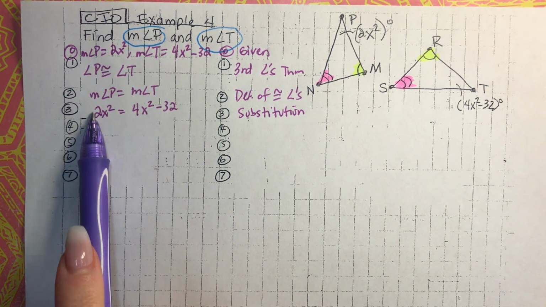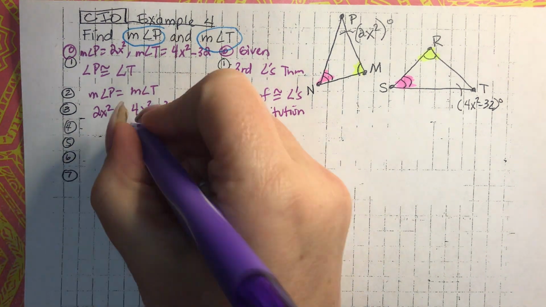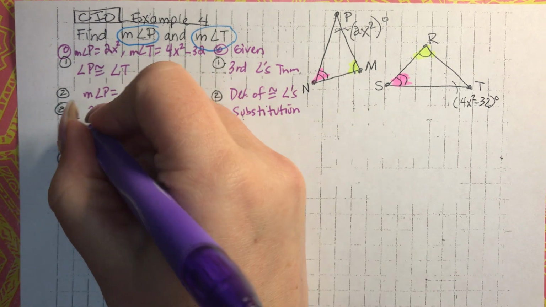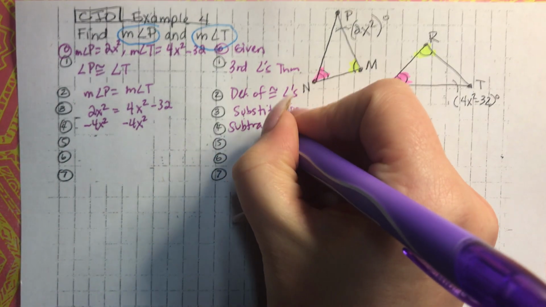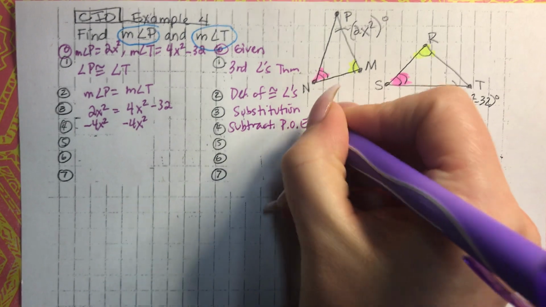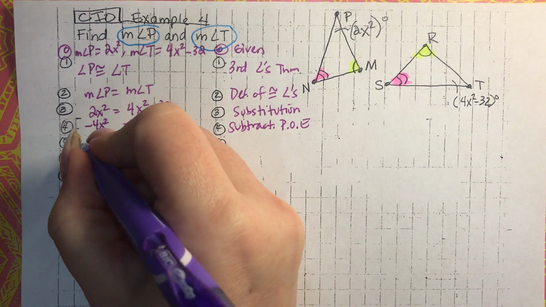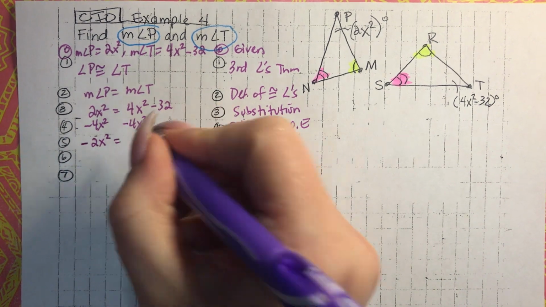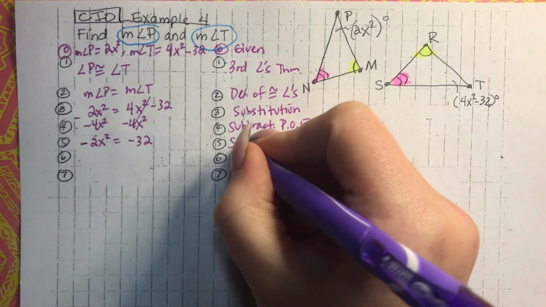However, this x squared is already on this side of the equation by itself, so I'm going to move this one over here. So subtraction property of equality is happening. Okay, what are we left with? 2x squared minus 4x squared would be a negative 2x squared. That cancels. We're left with negative 32. That's just simplifying.